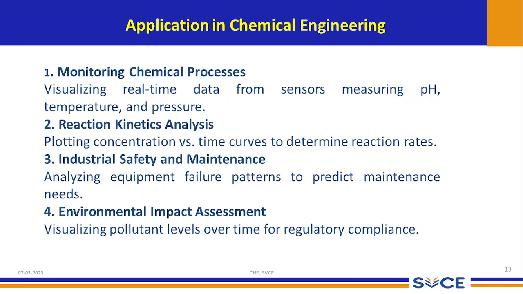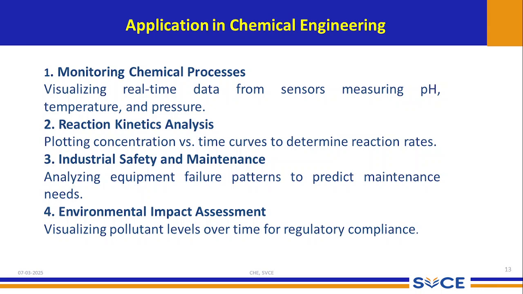Monitoring the chemical process: real-time sensor data visualization helps prevent process deviation. Reaction kinetics analysis: plotting concentration versus time helps determine the reaction rate. Industry safety and maintenance: predicting equipment failure patterns based on vibration data from pumps.